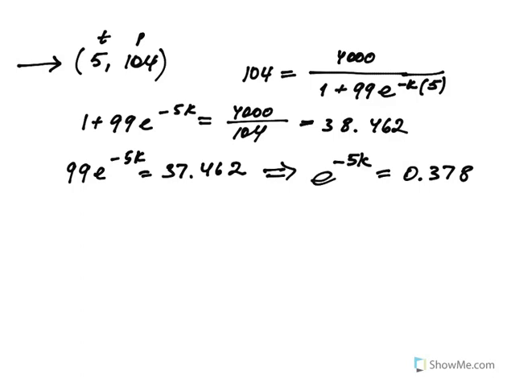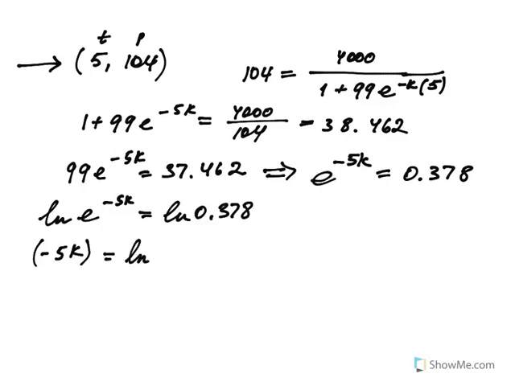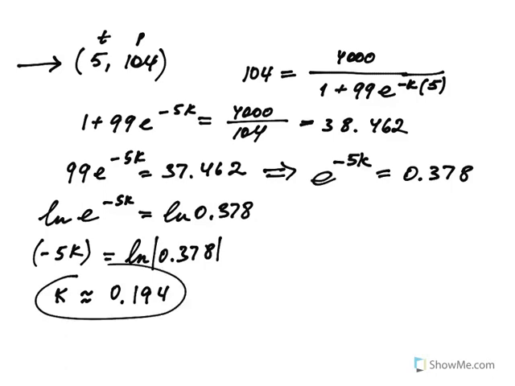So let's put the natural logarithm on both sides. Now that's Algebra 2, I don't really need to explain that. ln of e is 1. Let's see, I'm using my calculator right now. k is approximately 0.194.